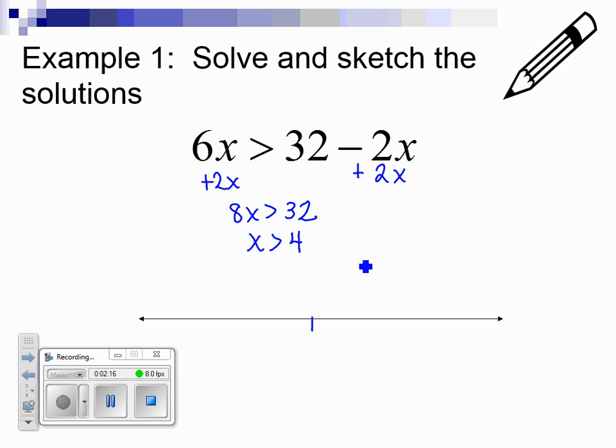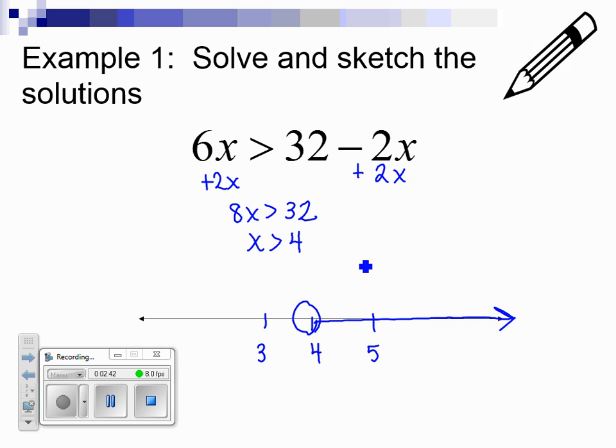I find 4 on my number line. I might write down a 3 and a 5 so you know where 4 lies on a number line. Now I need to show all the solutions that are greater than 4. Everything greater than 4 would be to the right of 4. But how do I put that on the number line so that 4 is not included?